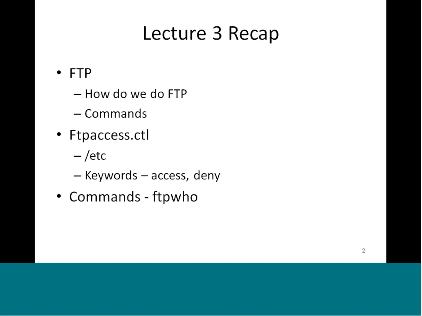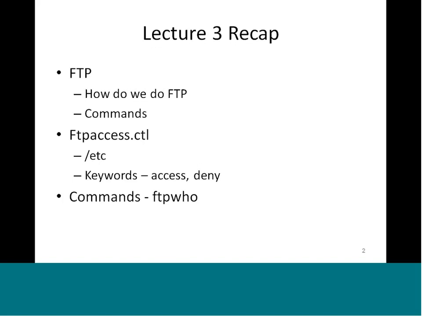Specifically, we learned about the ftpaccess control file. This particular file resides in the /etc area, and this is the main file that is used to provide access to any users.